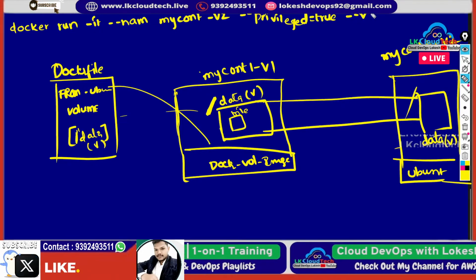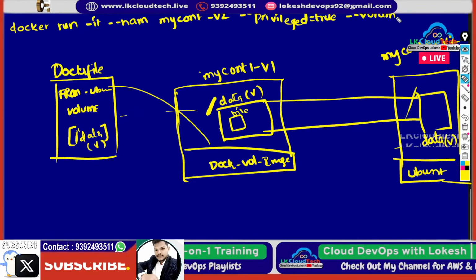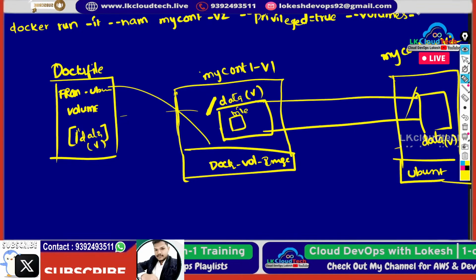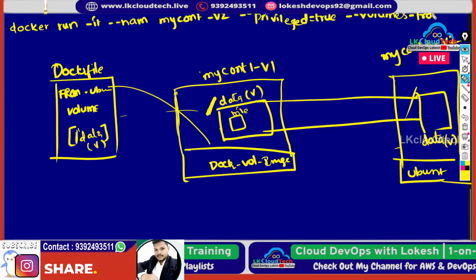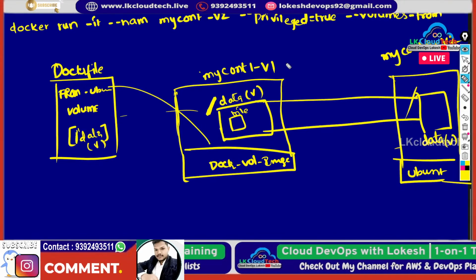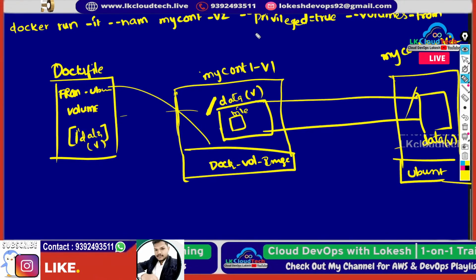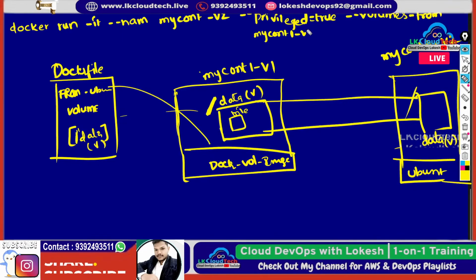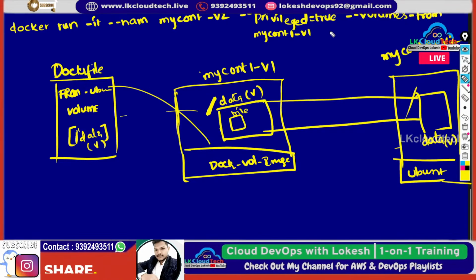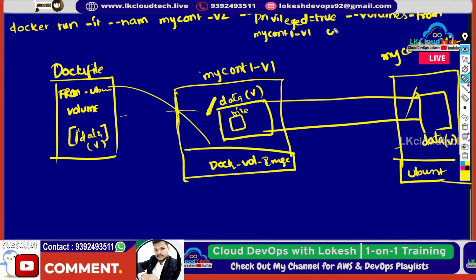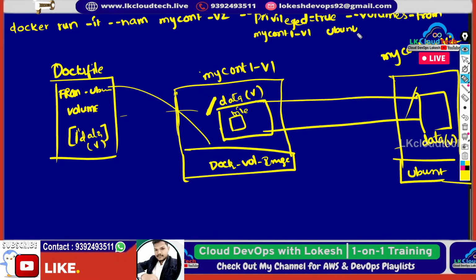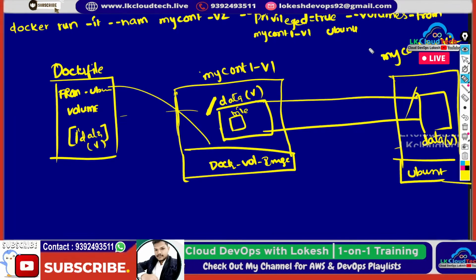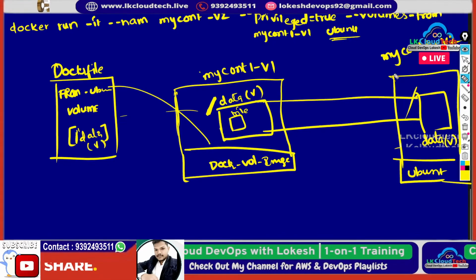Hyphen hyphen volumes-from. I will explain. Container: my container from my container volume one. What is the image? Ubuntu. I'm just taking Ubuntu as an image.